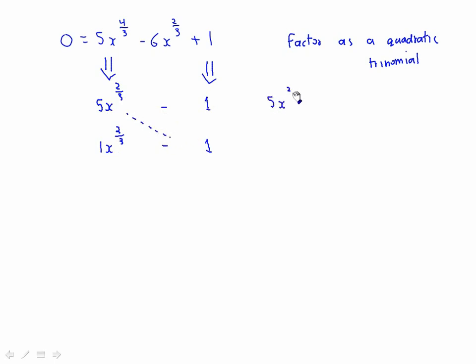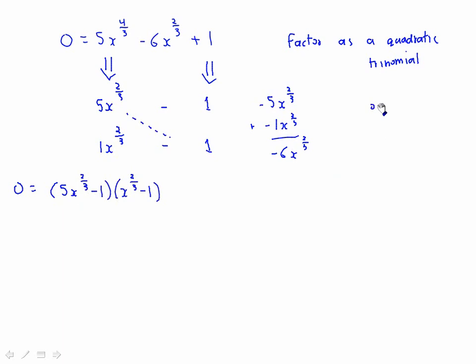When you cross and check, 5x to the 2/3 times negative 1, plus negative 1 times x to the 2/3, that's negative 6x to the 2/3. So it adds up right. It means that this is going to factor: 0 is equal to 5x to the 2/3 minus 1 multiplied by x to the 2/3 minus 1.